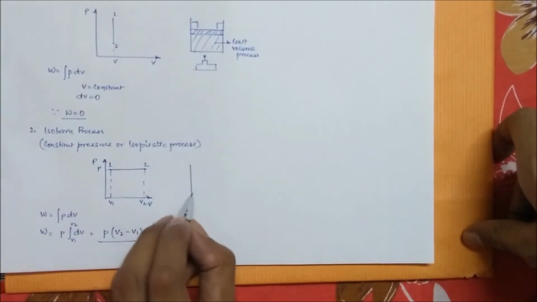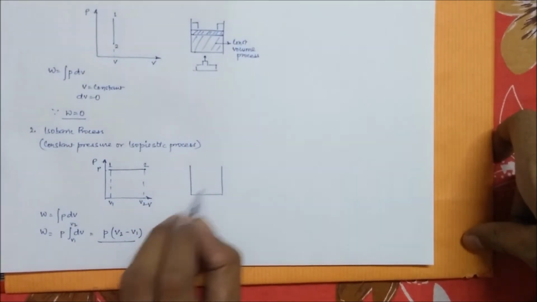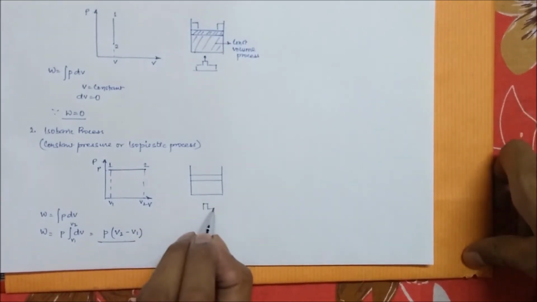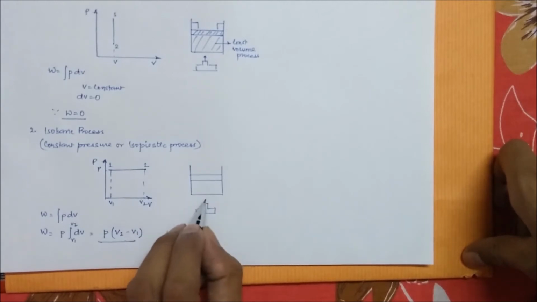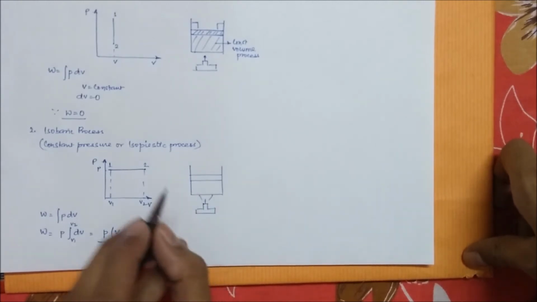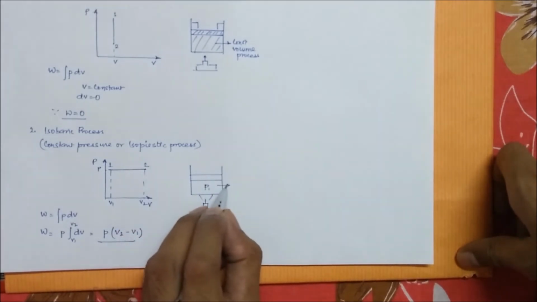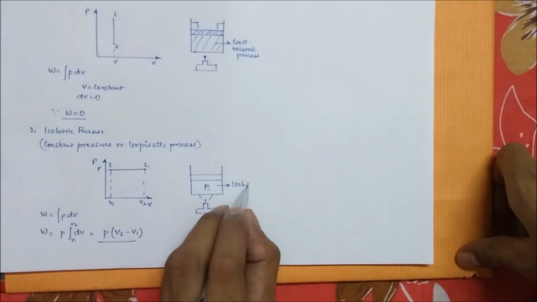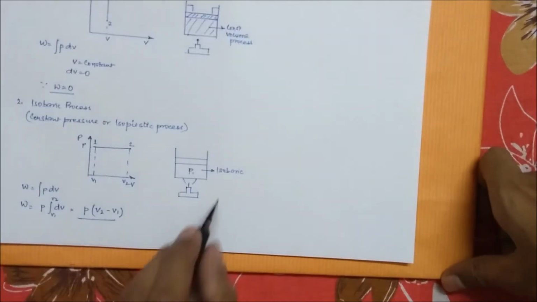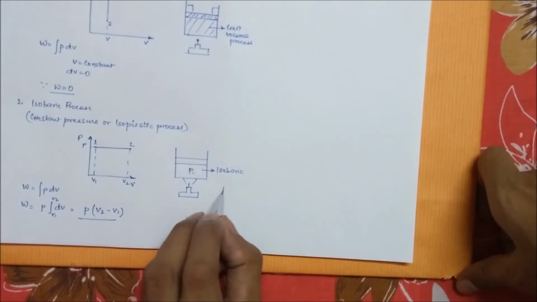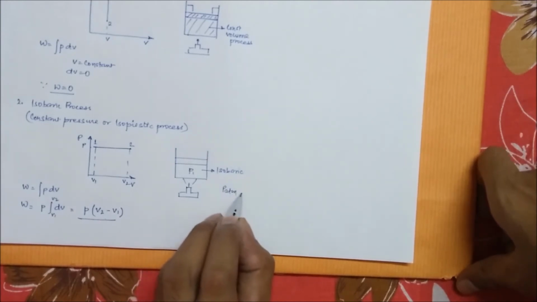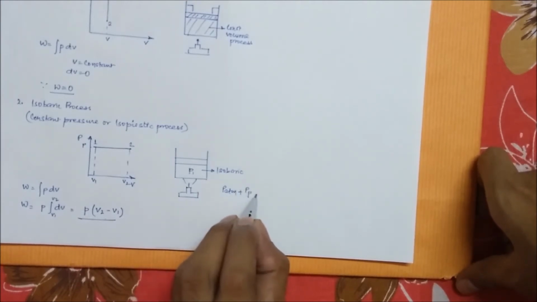A physical example of this process is like this. It is a piston cylinder arrangement, and at the bottom we have a Bunsen burner again. This is the isobaric process. In this process, the atmospheric pressure plus the pressure of the piston is equal to P1.